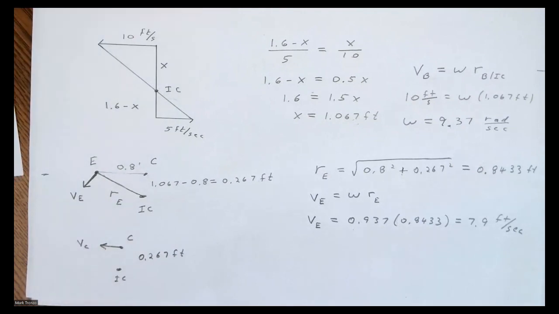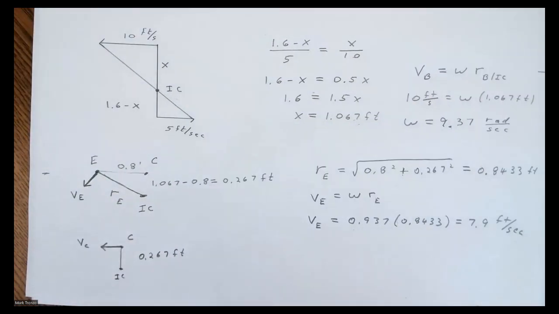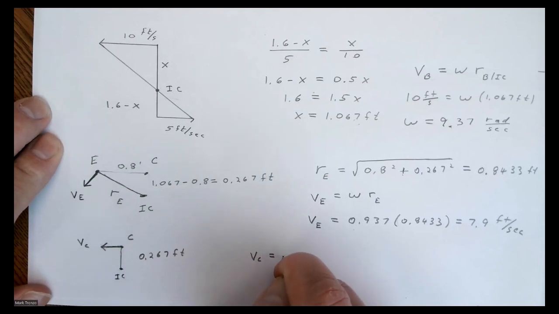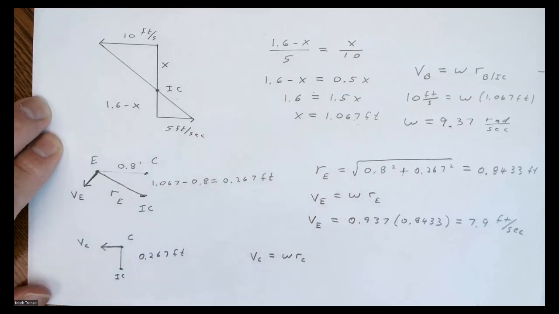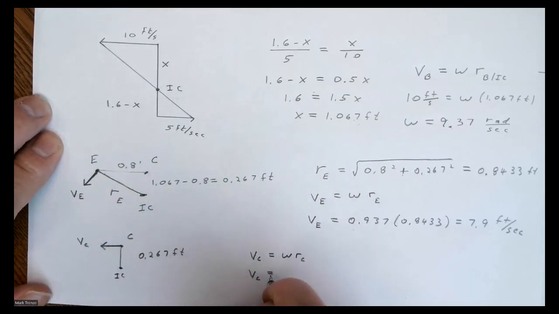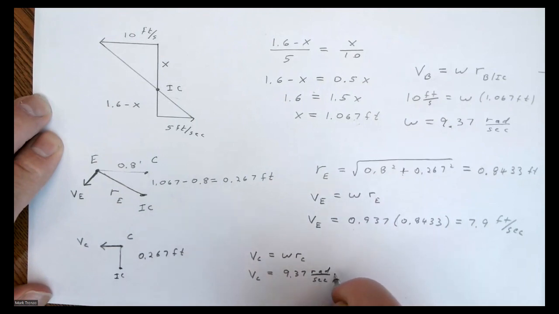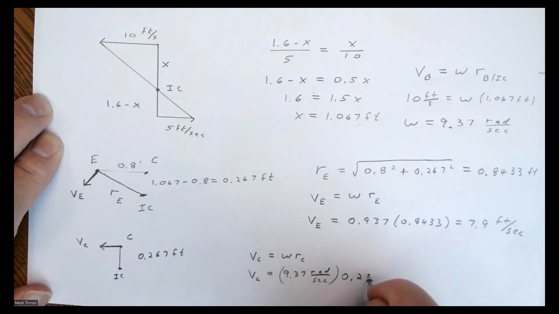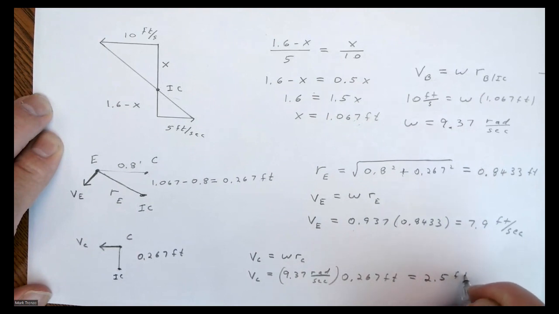Once again, the velocity of C will be omega times RC. The velocity of C is going to be 9.37 times 0.267, and that's 2.5 feet per second, like that.